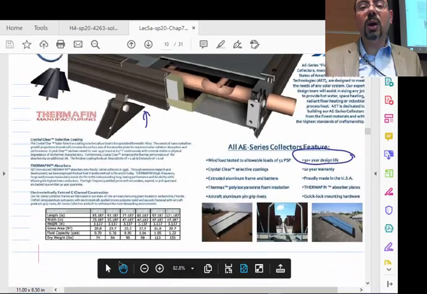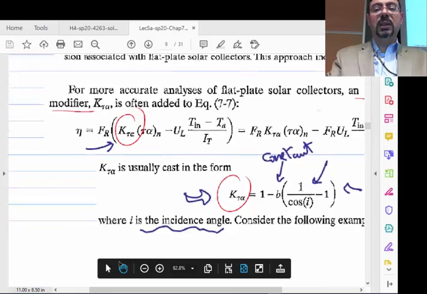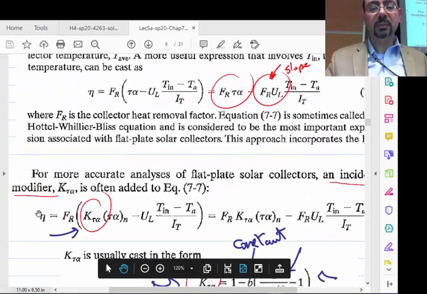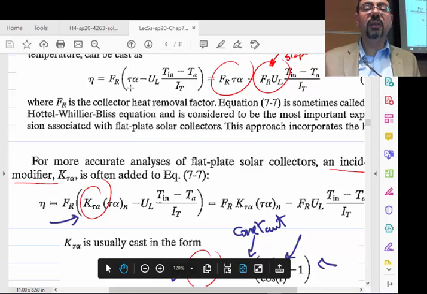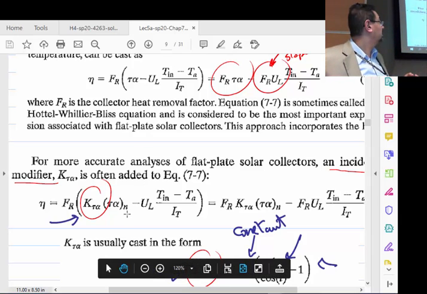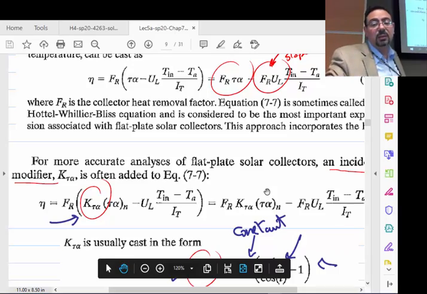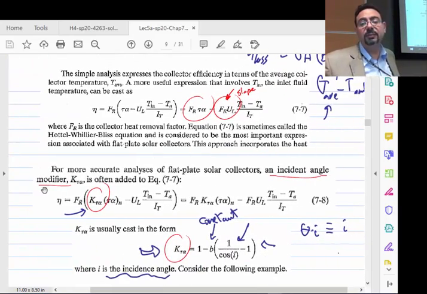Okay, and so that's why this is the equation, right? But then they tell you that equation, especially the tau alpha, that transmissivity and alpha, you did with normal radiation. That subscript n is for normal radiation. You need to multiply it by another correction. That correction is the incident angle modifier.